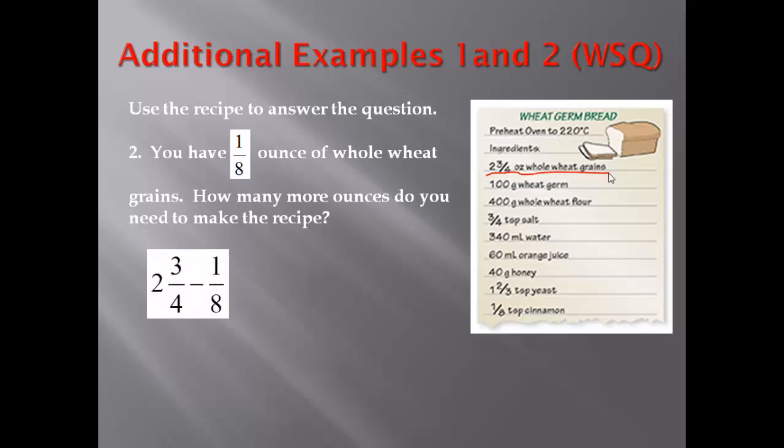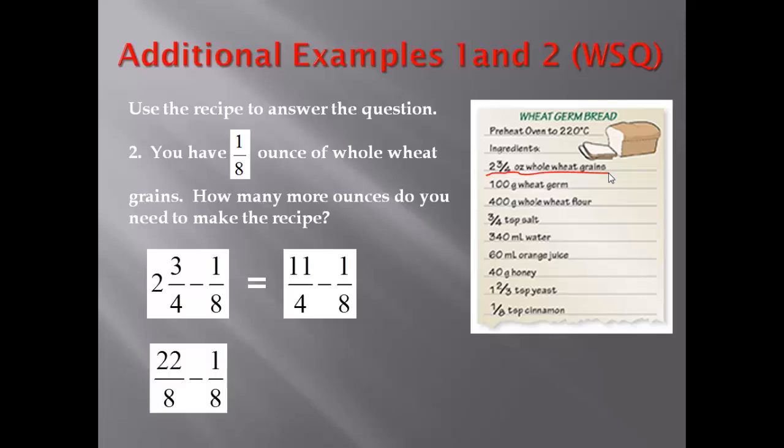We need 2 3/4 ounces, and we have 1/8 of an ounce. So we can subtract those. In order to subtract those, we can first make 2 3/4 an improper fraction, and that would be 11/4. So now we have 11/4 minus 1/8. The next thing we need to do is we need to get a common denominator. Our common denominator is going to be 8.